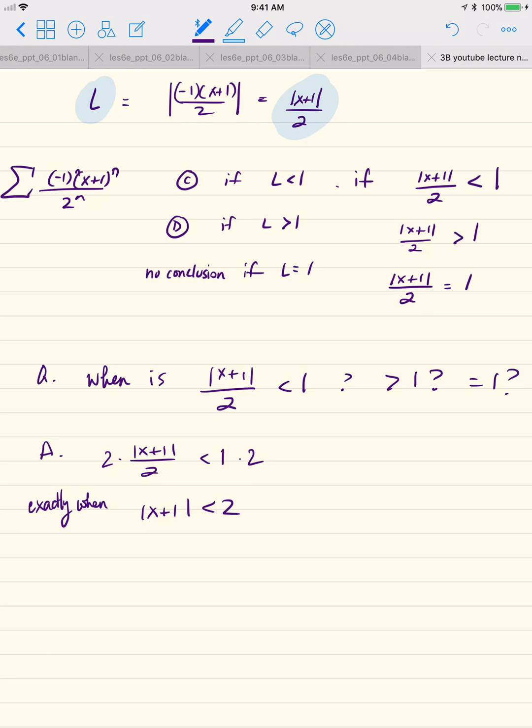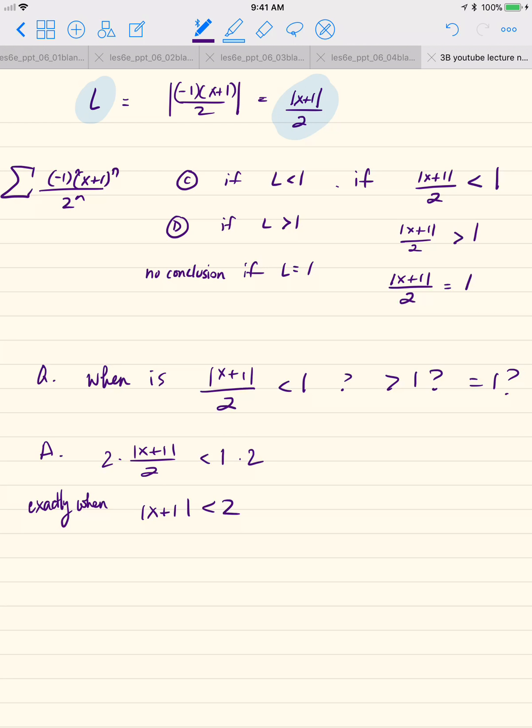Now remember, you only have to flip the sign of the inequality if you are multiplying or dividing by a negative number. Since we're just multiplying by positive 2, we don't need to change the sign of our inequality. Now, what is this set?